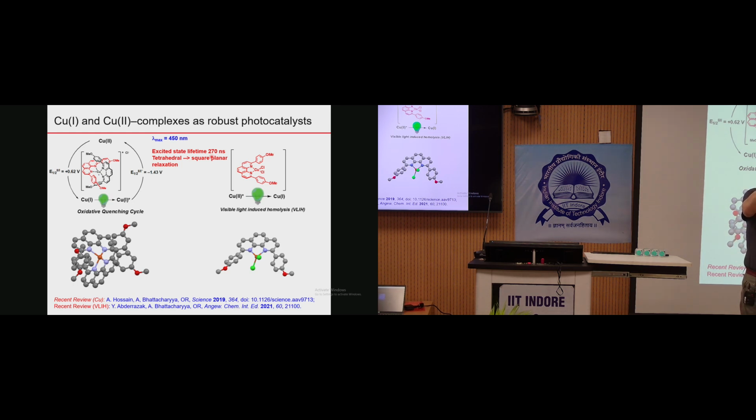And copper 2 wants to be not tetrahedral any longer, it wants to be square planar. And this motion deactivates the excited state. Right? It wants to planarize, and that's the case with all these 3D metal complexes. They are too mobile, and therefore quench the excited states through these vibrations.